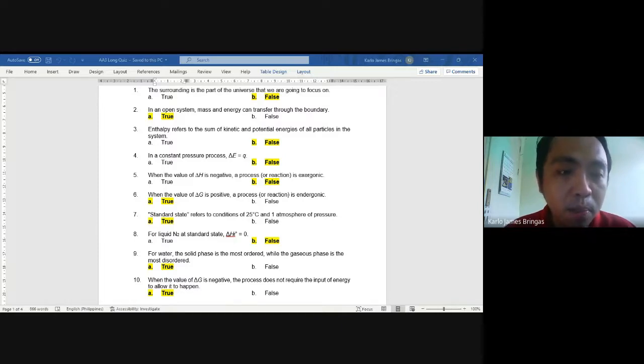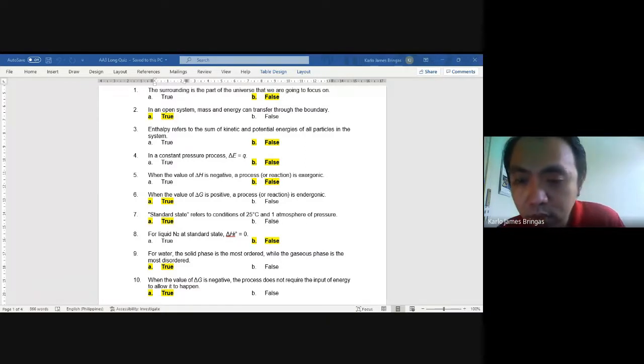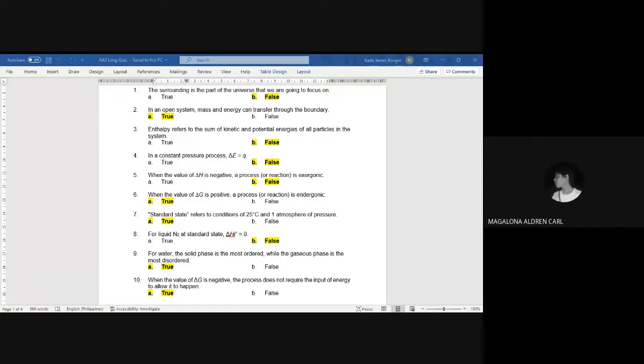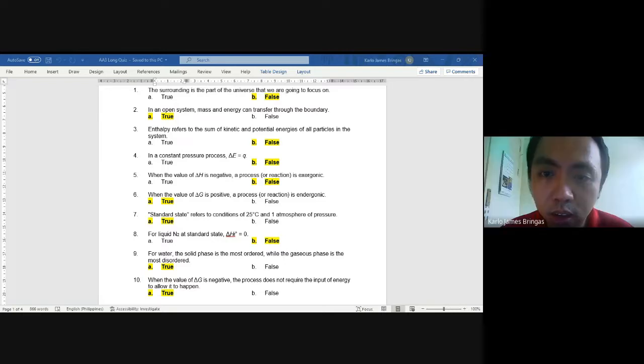Number four, we have this one. In a constant pressure process, delta E is equal to Q is false. Can anybody please recall for me, pag constant pressure process, ano nga bang ating equality dapat? Okay, so thank you, AC, for your answer.